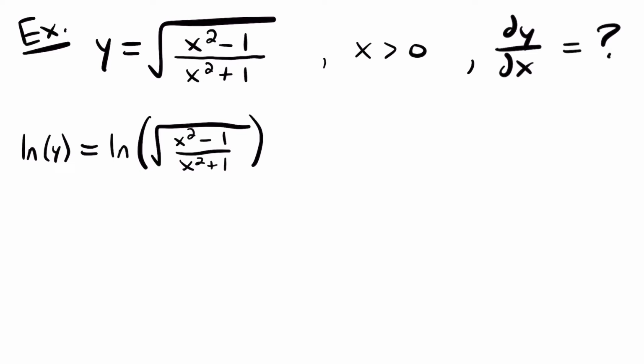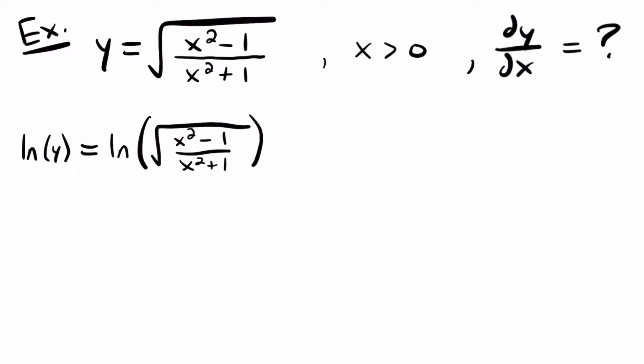What do I mean by that? If you remember, one of our logarithmic properties is that if we have some value to a power inside the natural log function, we can move that power to the outside of that function. Maybe you don't see it right now, but the square root function is actually taking this quantity to the 1/2 power.